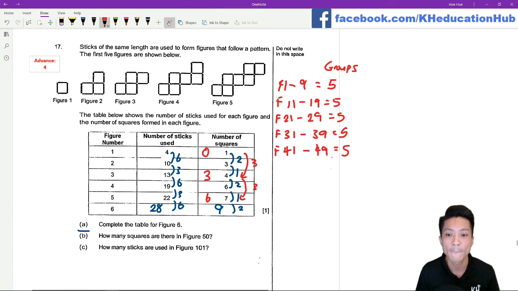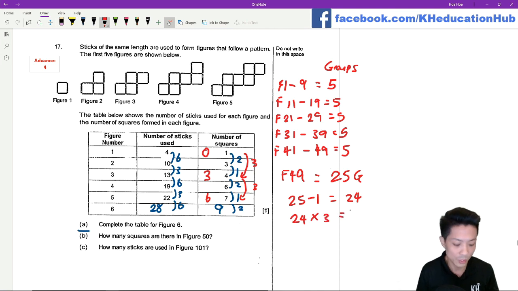Let us find 49 first. So for figure 49, there are 25 groups. So first I need to use 25 minus 1, 24, 24 times 3, 72.